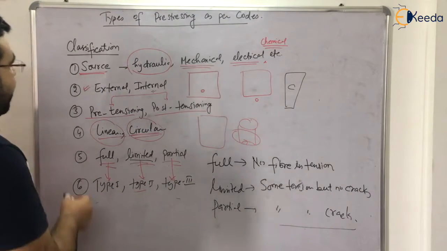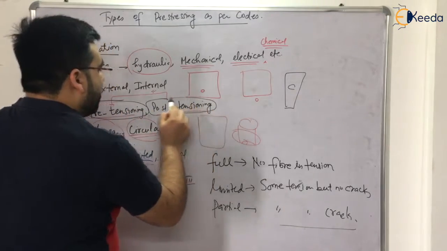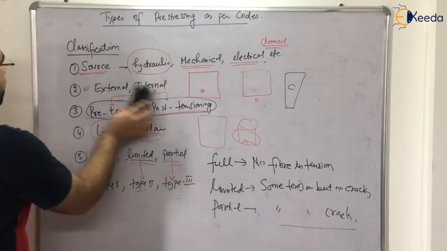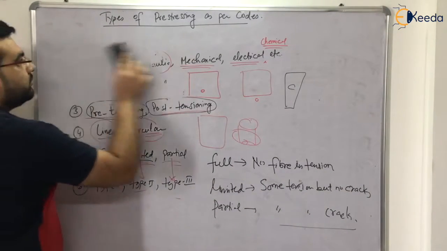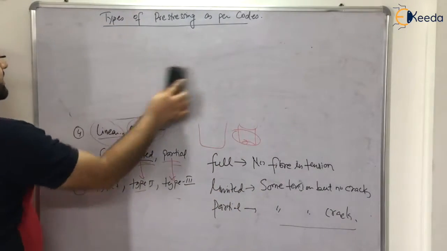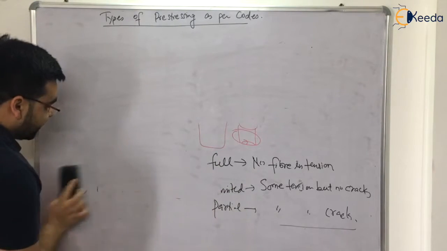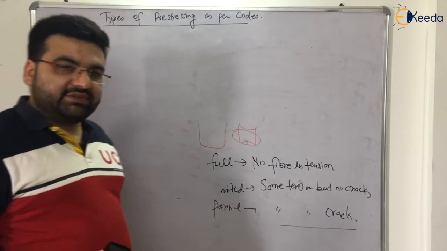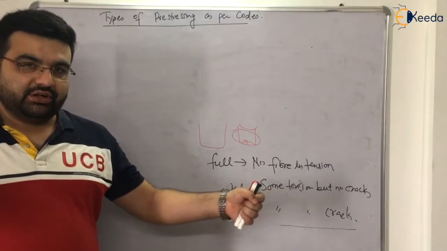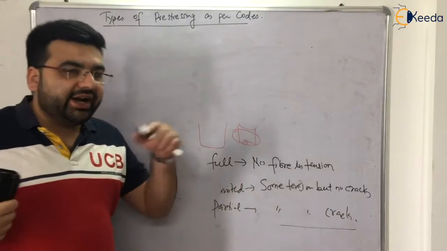Okay, so now let us discuss in detail the pre-tensioning and the post-tensioning, because this is important, right? So let me rub this and let us discuss pre-tensioning and post-tensioning. First of all, let us discuss pre-tensioning. As is clear from the name, before casting of the concrete, if you are stretching the tendons, it is pre-tensioning.